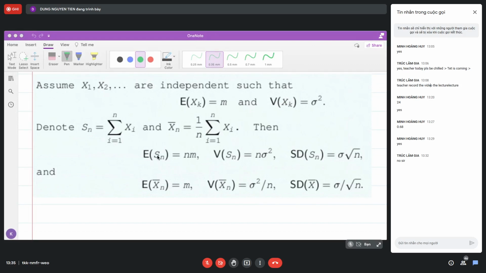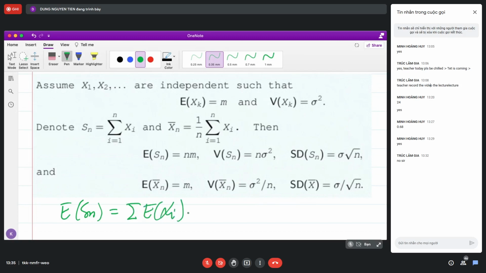Then we can find the mean of Sn, which is the sum of the means. So the mean of Sn is simply the sum of the means of xi, and each term is m, so you get n times m. If you compute the variance of Sn, you get the sum of the variance values.